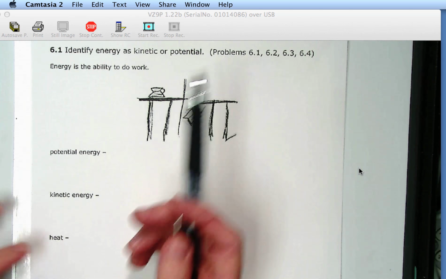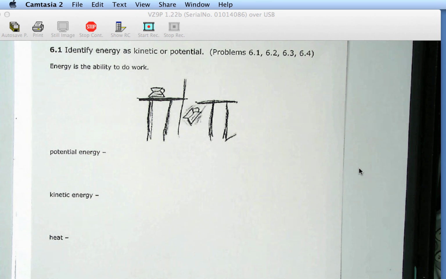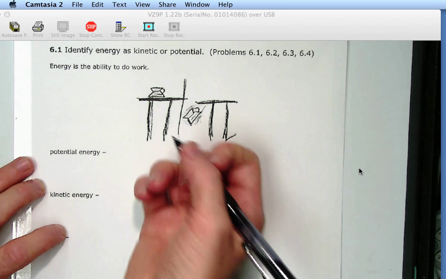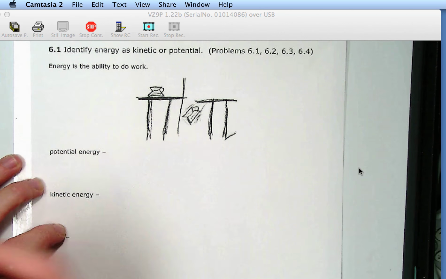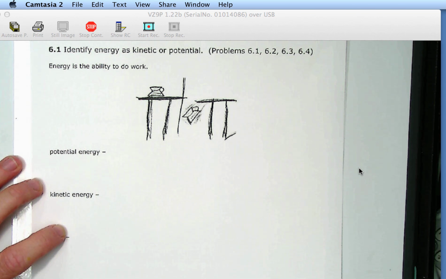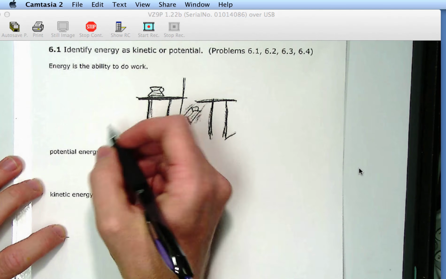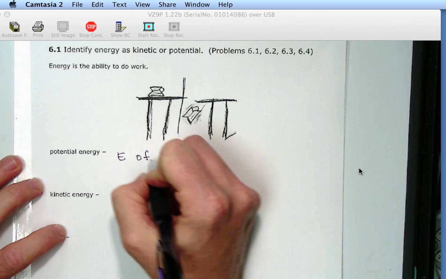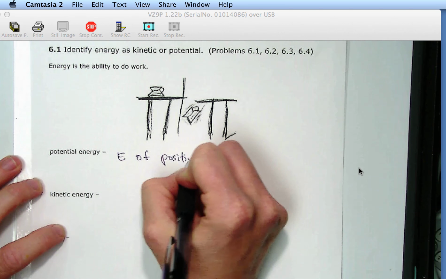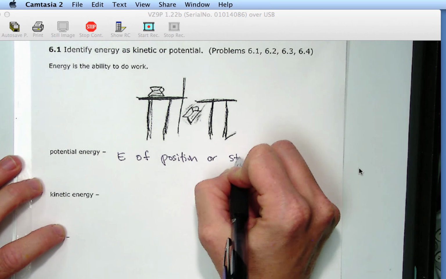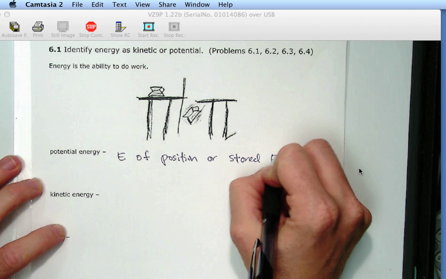And so you think of work, oh, I go to work and I type on the computer, but it's actually moving things and changing the location of things. So when you think of potential energy, what type of energy are you talking about? Energy of position, yeah, so energy of position or stored energy.